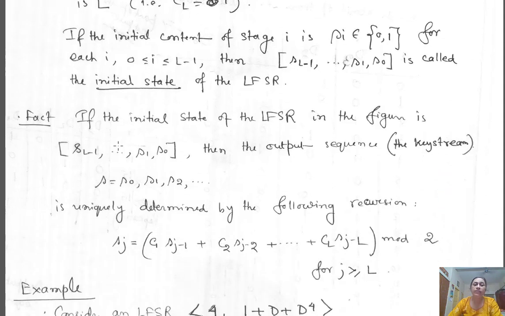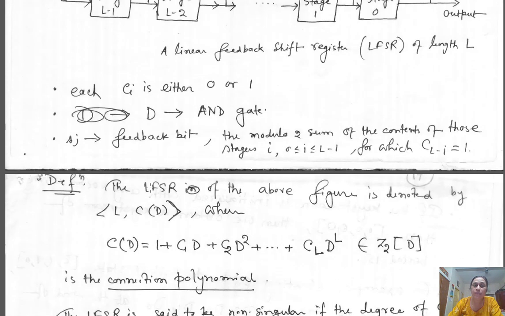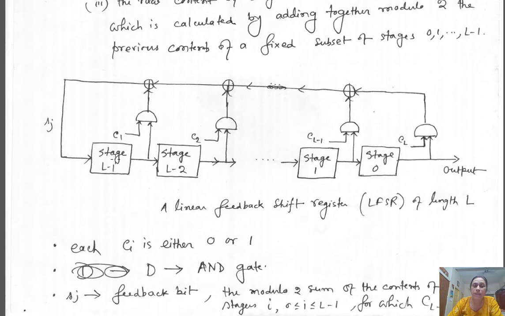Now, if the initial state of the LFSR in the figure is S(L minus 1), ..., S1, S0, then the output sequence, the key stream, will be S0 first. Initially this is S(L minus 1), S(L minus 2), S1, S0. When S0 comes out, everything shifts like that.